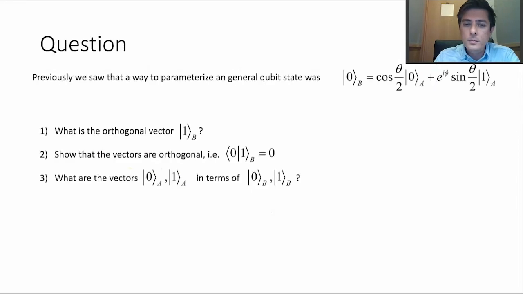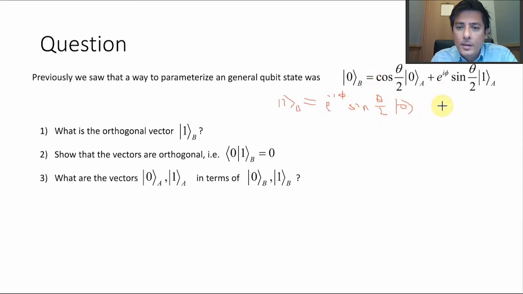Okay. So in this case, the orthogonal state, we need to swap it, put a complex conjugate, and then put a minus sign, okay? So this is going to be minus i theta, sine of theta over 2, and cosine theta over 2, 1.